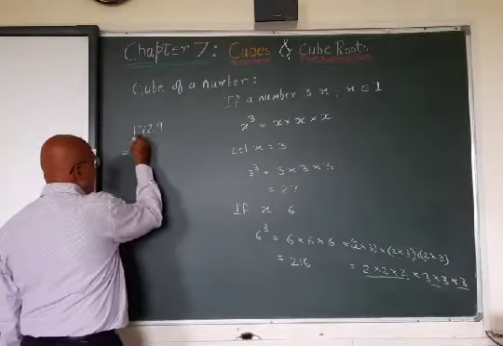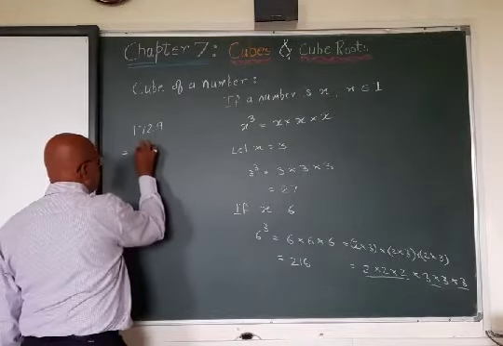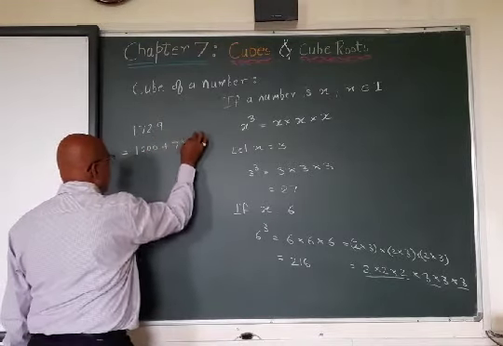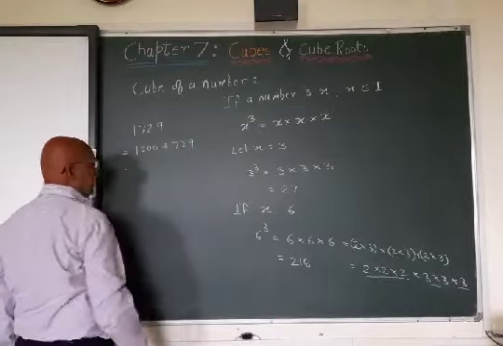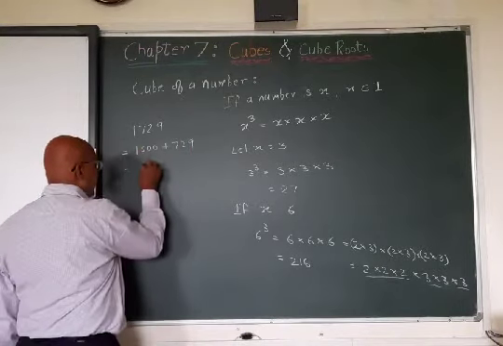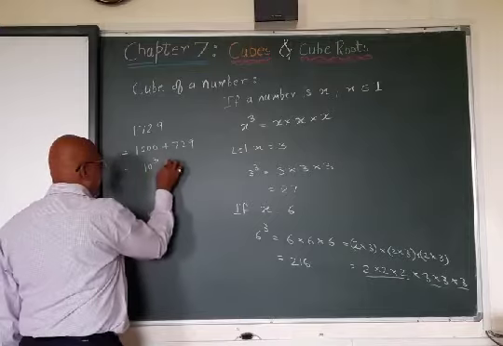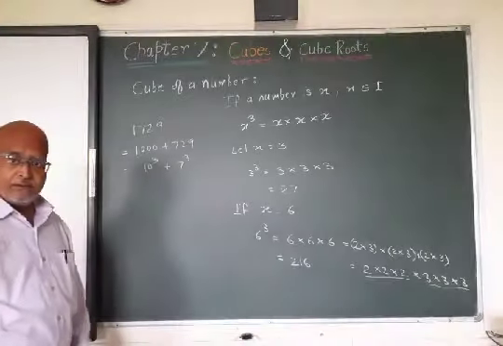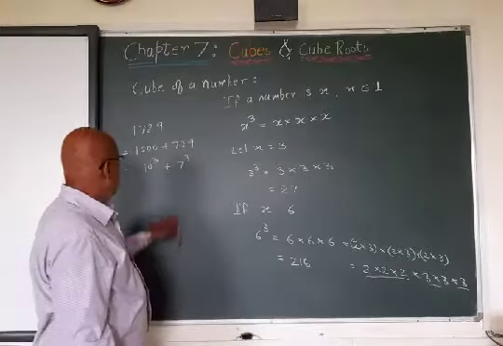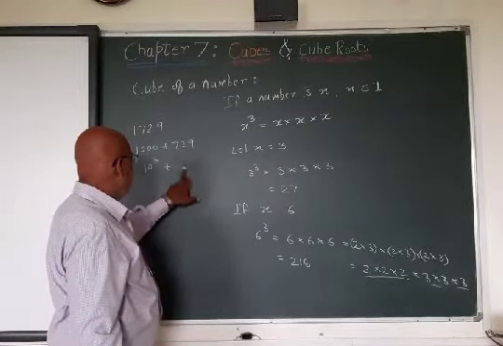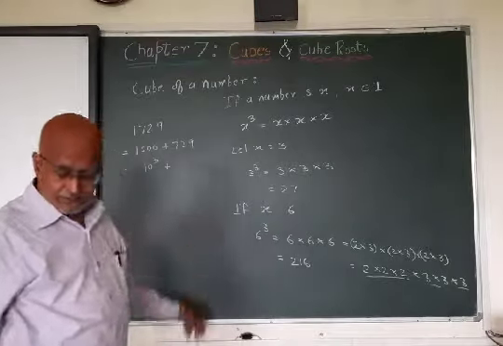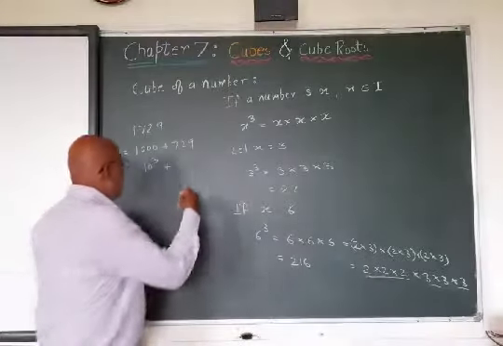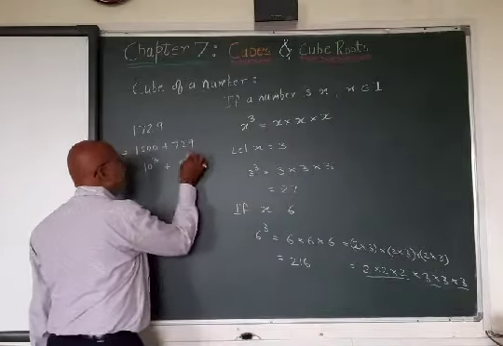For example, he divided this in two parts, that is 1000 plus 729, and he found that this is 10 cubed and this 729 is, sorry, 9 cubed.